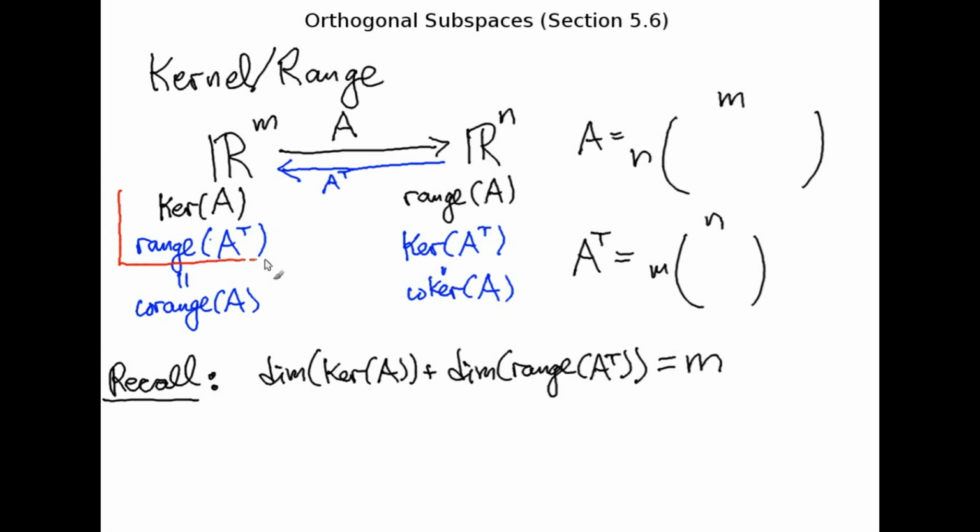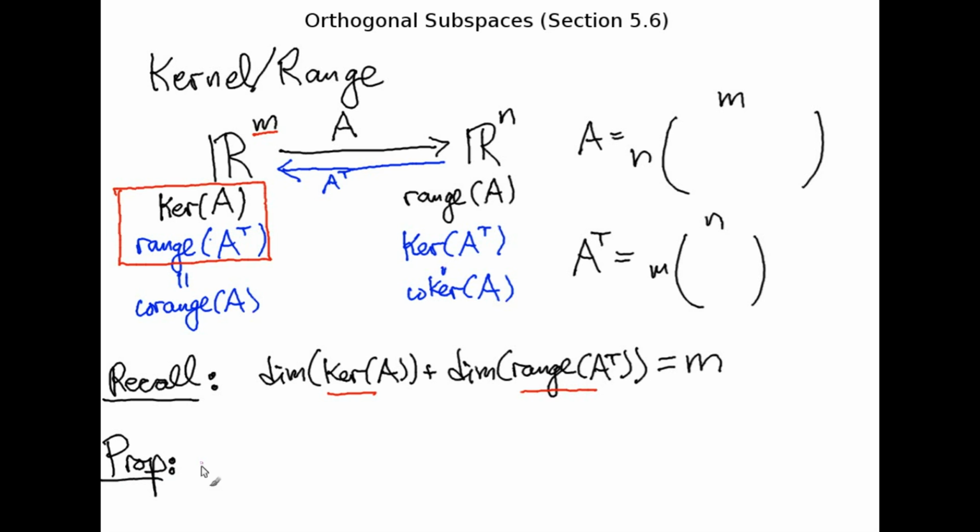We have two subspaces of Rm, the kernel of A and the range of A transpose. And I'm saying that their dimensions add up to the dimension of the vector space. Well, that's a property of the orthogonal complement. So it sure looks like these two things are each other's orthogonal complements. And that, of course, is the fact.